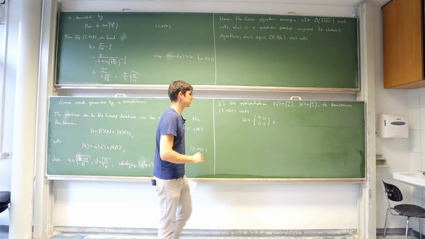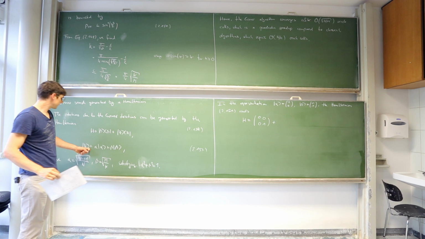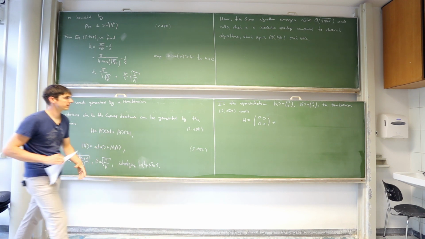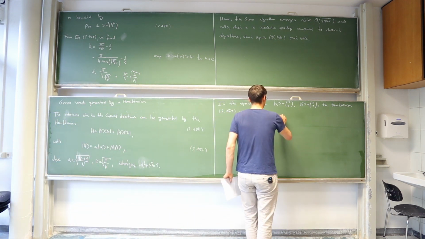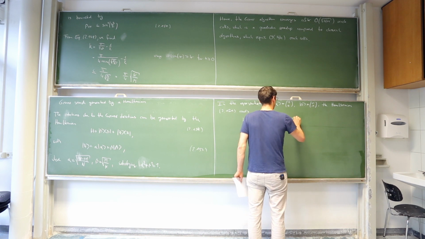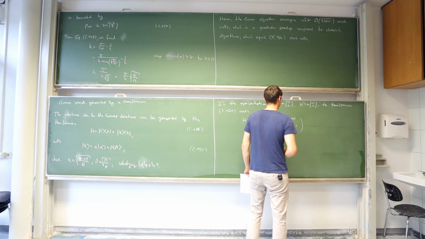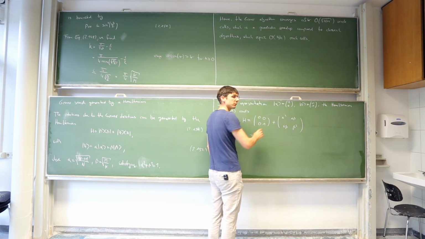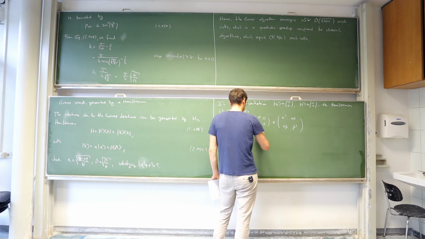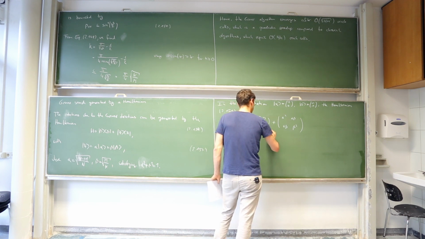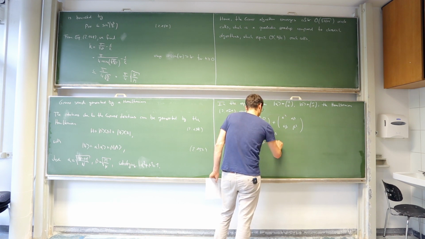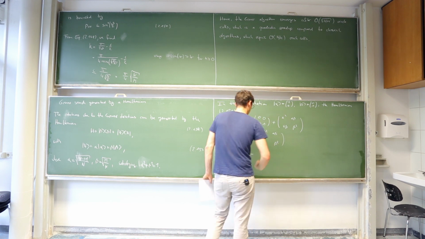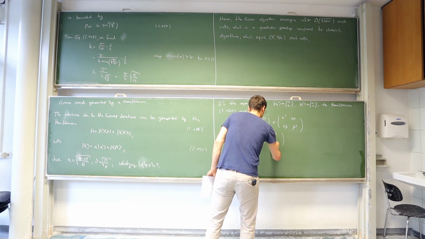And then we write this state psi, so the projector of this, which is nothing else but alpha squared, alpha beta, alpha beta, and beta squared. So we add this together and use that alpha squared is 1 minus beta squared. So we have 1 minus beta squared, alpha beta, alpha beta, and, well, sorry, 1 plus beta squared.